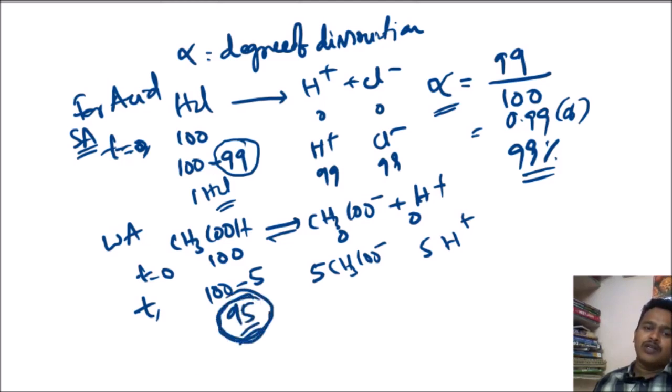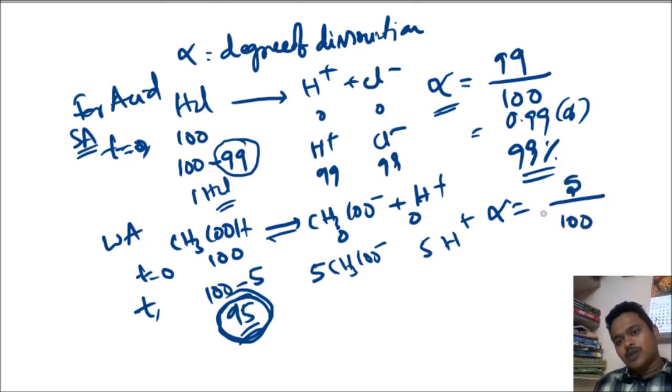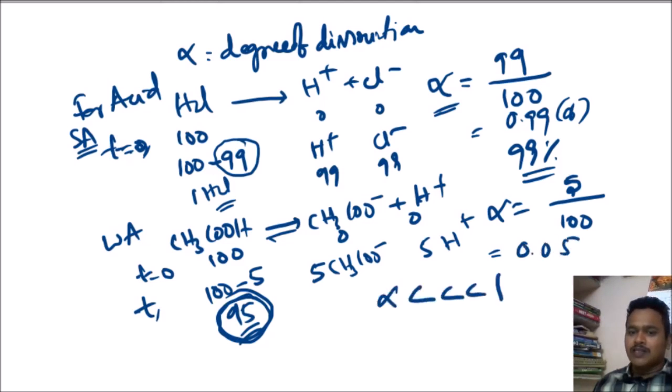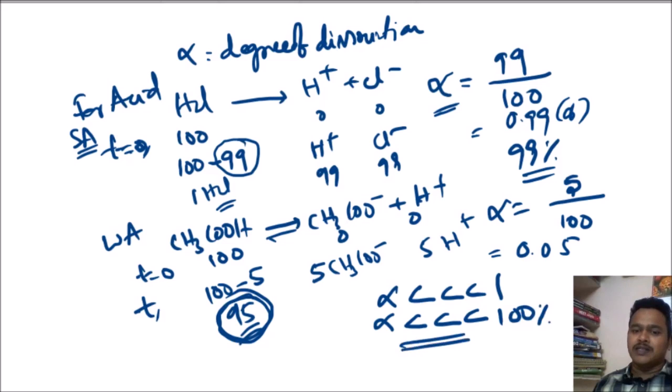So the alpha value is 5 in the numerator and 100 in the denominator, which is 0.05. This alpha value is very much less than 1, or very much less than 100%. This is the meaning of degree of dissociation.